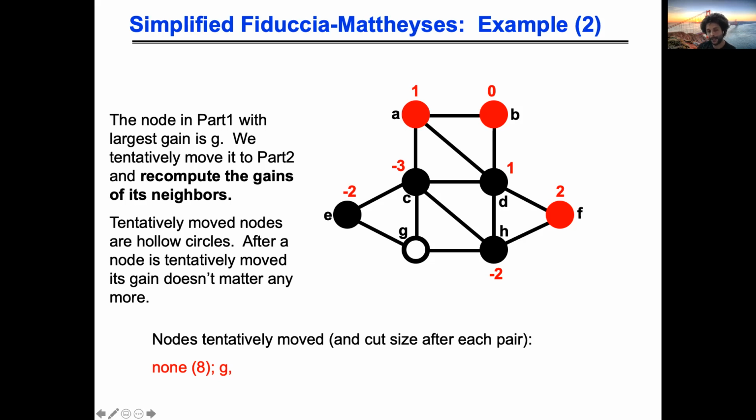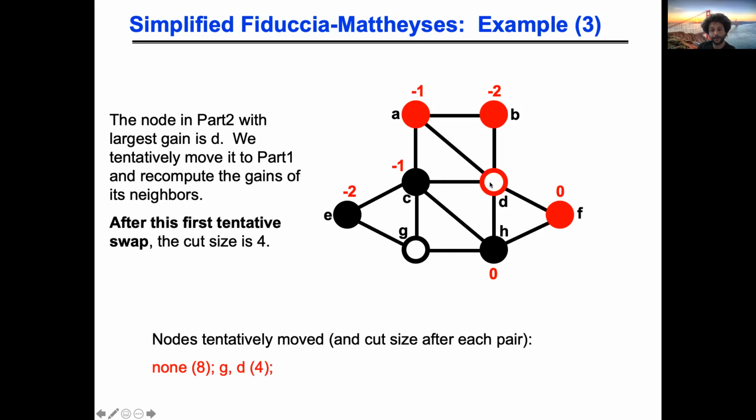So we look at its neighbors, we recompute the gains of its neighbors, then we have to now choose a vertex from the other side that will give us the best gain, which turns out to be D. Because every other vertex, if we move it to the red side, actually is increasing the partition cost. So D is the only one that gives any improvement.